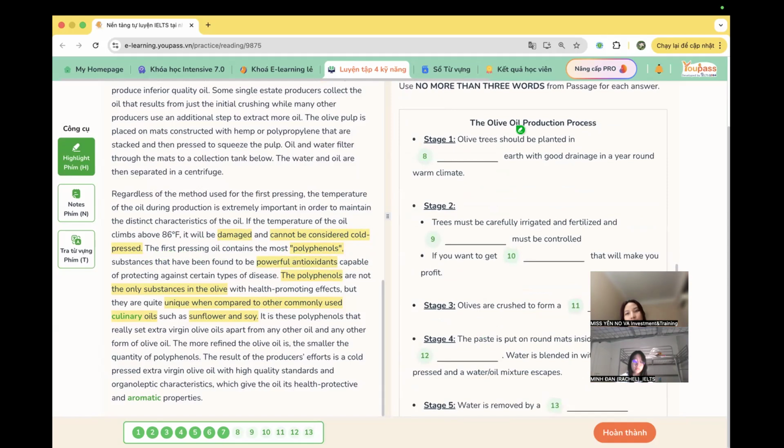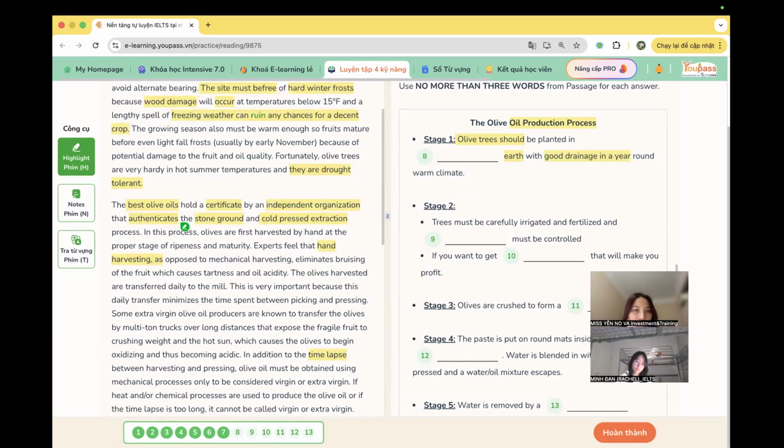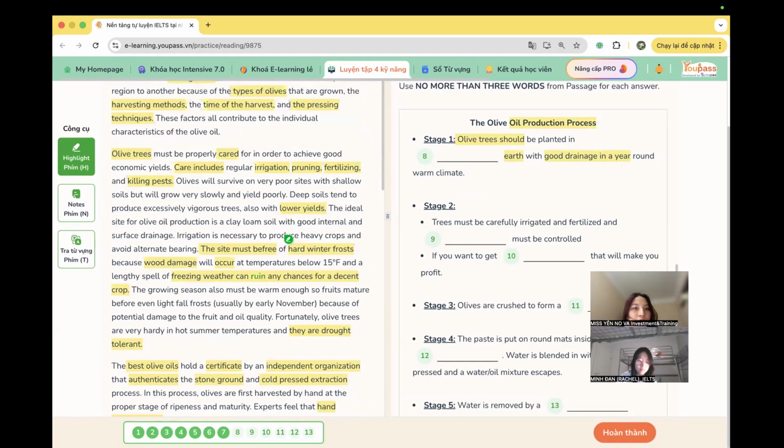Now let's talk about the oil production process. Olive trees should be planted in earth with good drainage in a year-round warm climate. So let's go back to where it's taken care of here.